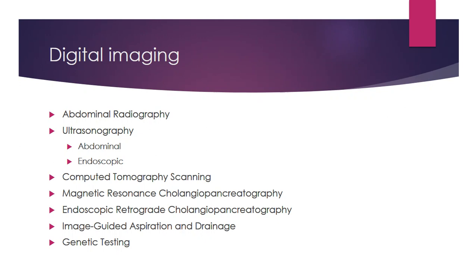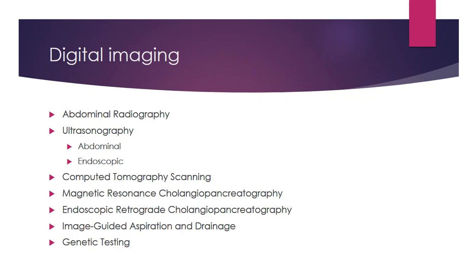And grade E, two or more ill-defined collections or the presence of gas in or near the pancreas. The chances of infection and death are virtually nil in grades A and B, but steadily increase in grades C through E. Patients with grade E pancreatitis have a 50% chance of developing an infection and a 15% chance of dying.